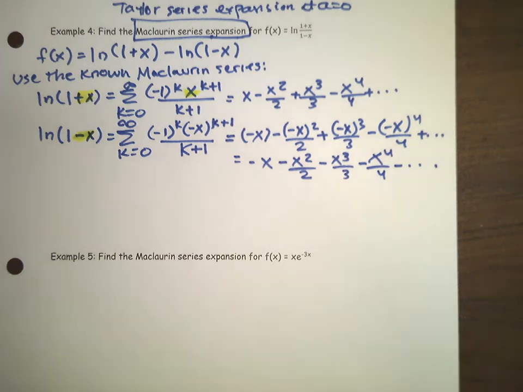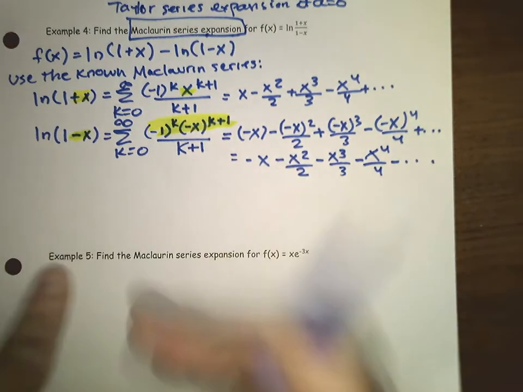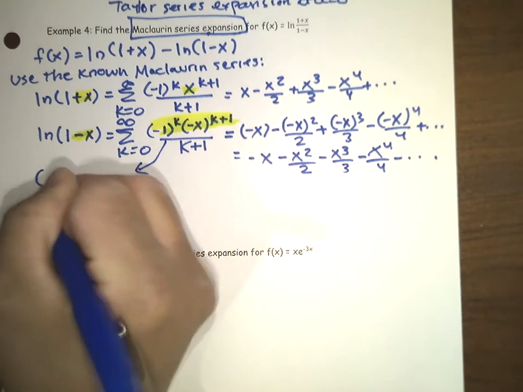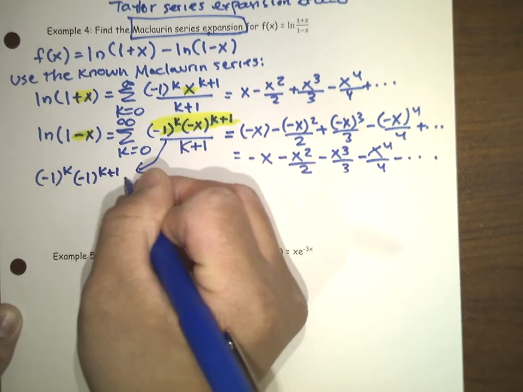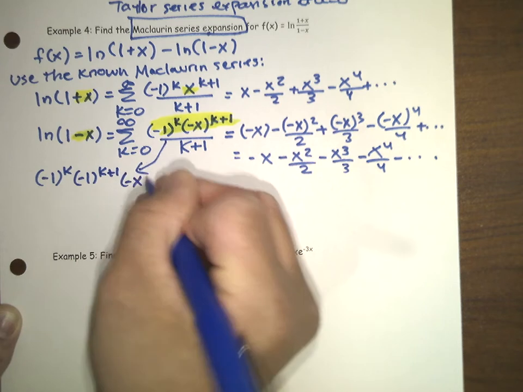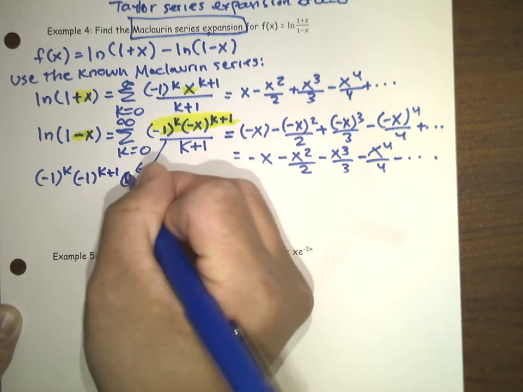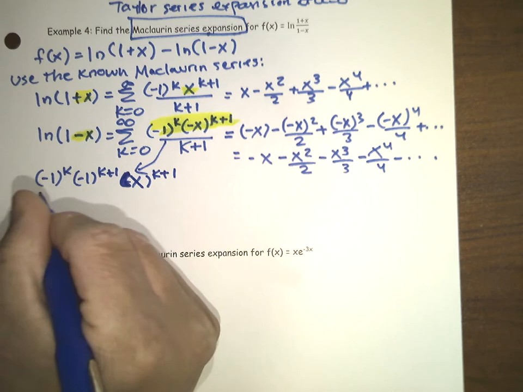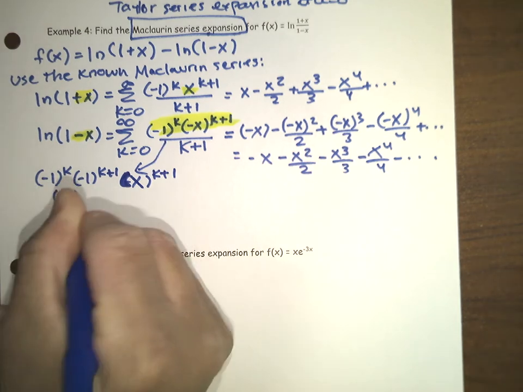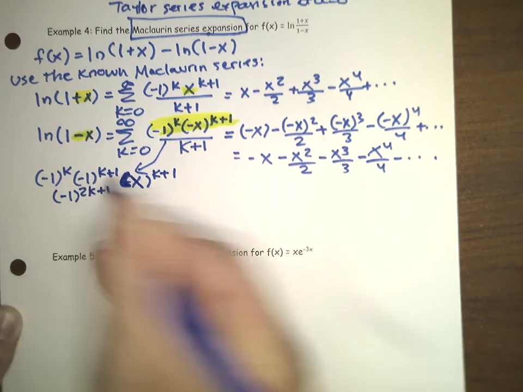Which, again, you could have actually looked at this right here, right? And you could have rewritten this as negative 1 to the k, and then negative 1 to the k plus 1, and then a positive x to the k plus 1, and then this would be a negative 1 to the 2k plus 1.